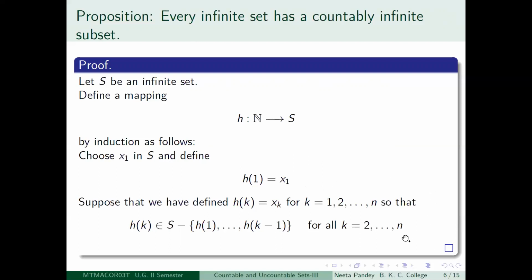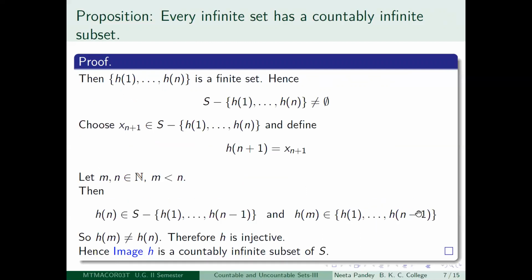So suppose we have done till n. So how do we define the n plus 1th, the image of n plus 1 in the positive integers? It is the following: h1, h2, up to hn is a finite set. So again, if you leave out these n elements from the set, that is, you look at S minus h1, h2, up to hn, then it will again be non-empty.